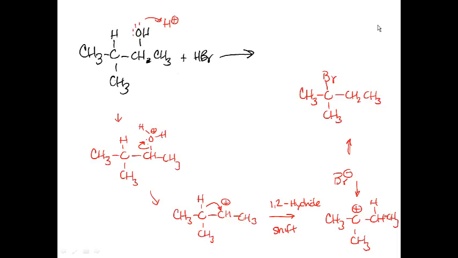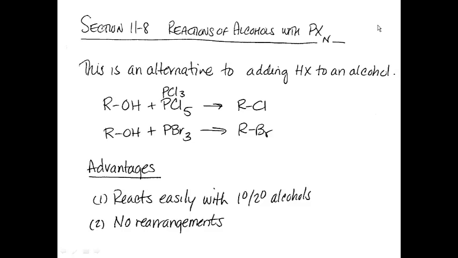So there's a number of limitations on adding HX to alcohols and converting them to alkyl halides. Now, an alternative to doing HX addition that avoids most of those issues is to use another reagent that will substitute a halogen for an OH.